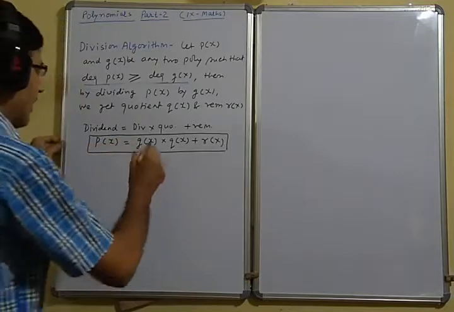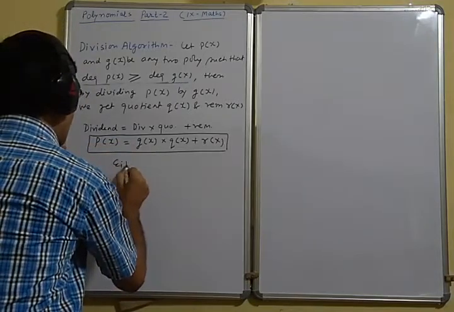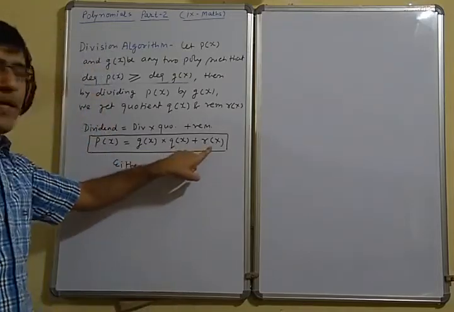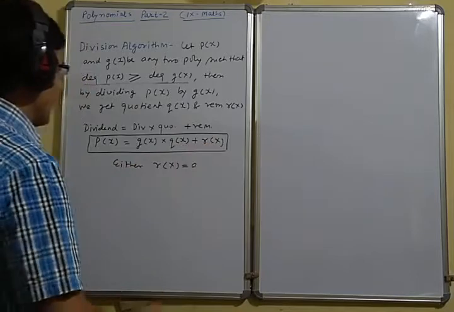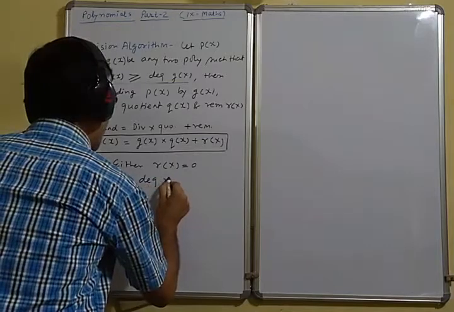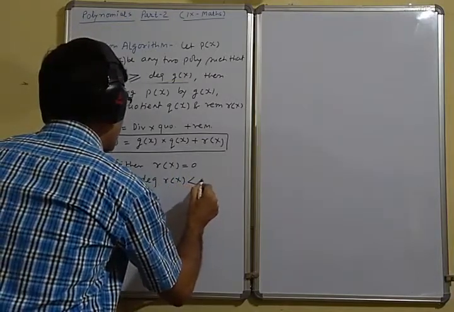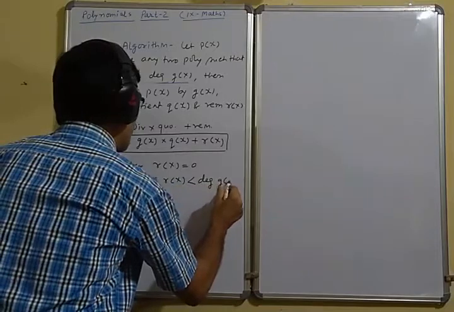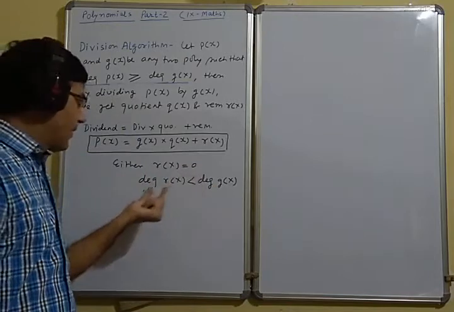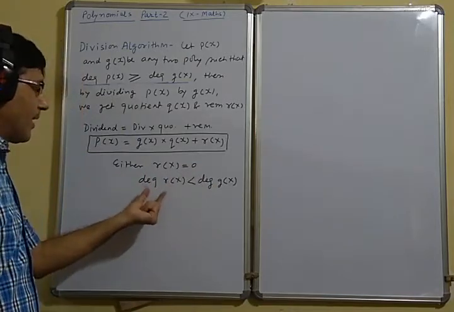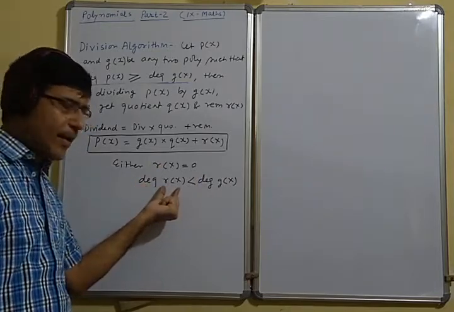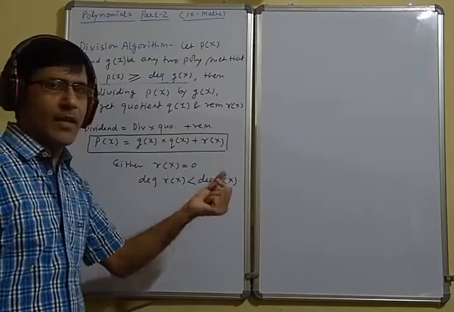And either r(x) is equal to 0, that is, we get remainder 0, or if the remainder is not 0, the degree of r(x) is always less than the degree of g(x).